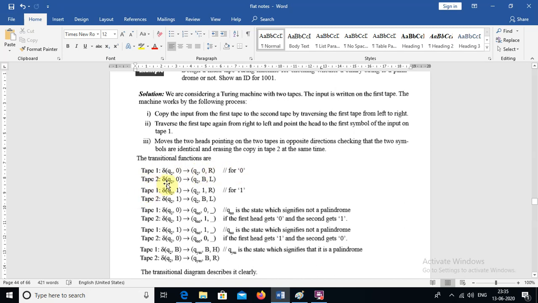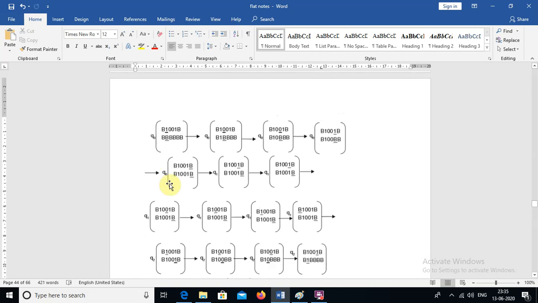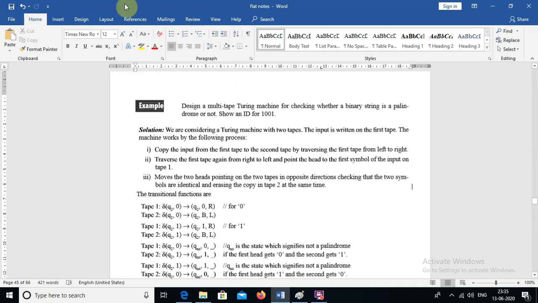Okay, in tape 2, by this diagram, what we considered is actually represented in the form of transition functions. So there is always a transformation between the transition diagram to the transition functions, or transition functions to the IDs.